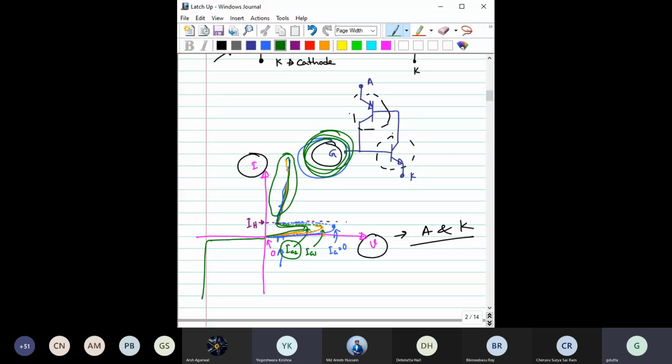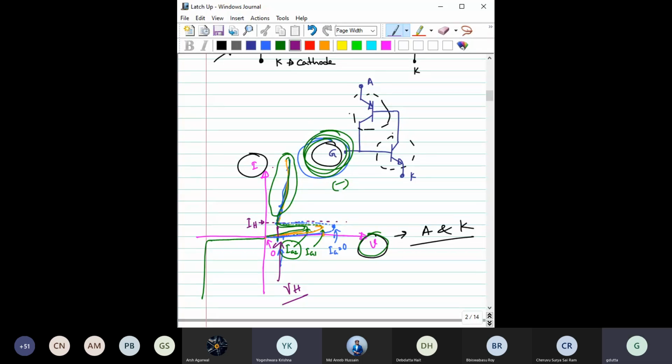This device can be turned off if you apply, suppose, a negative voltage to this gate by making that PN junction reverse biased, or you make this voltage V drop below a certain level. This is called the holding voltage, VH. If you reduce it below this, the potential is no longer supportive of that avalanche mechanism, so the device will turn off, right?